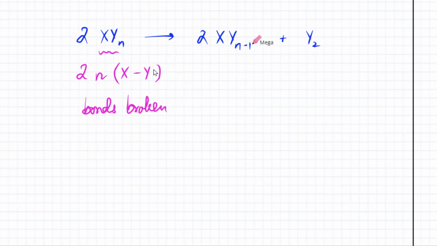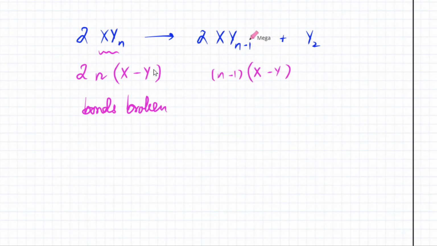Similarly over here, XY N minus 1. Whatever N minus 1 is, it's probably a whole number, and it's the same as CH4 or PCl5. So that means you're breaking N minus 1 bonds between X and Y. If this was CH4, that would be 4 CH bonds.